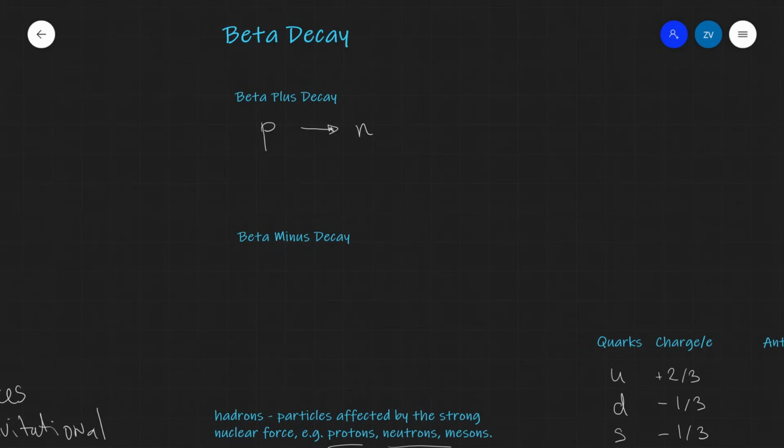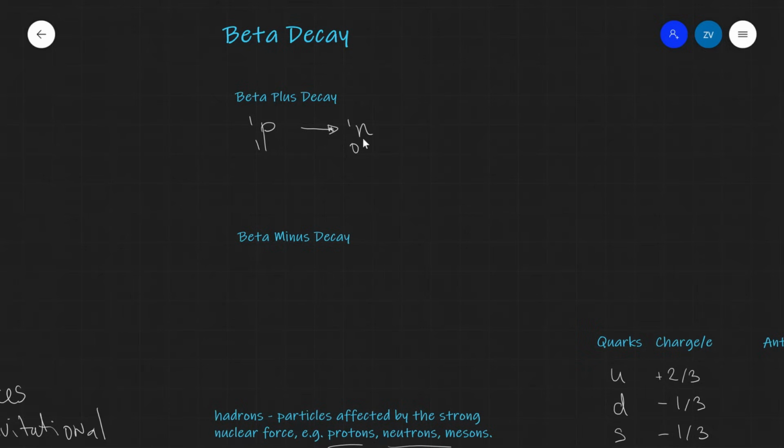A proton is going to have a proton number of 1 and a neutron is going to have a proton number of 0. In each case, the nucleon number is going to be 1. Charge is not conserved at the moment. We have a proton of charge plus 1 and a neutron of overall charge of 0.